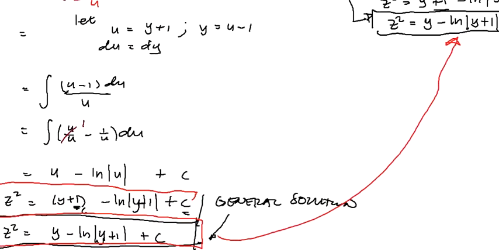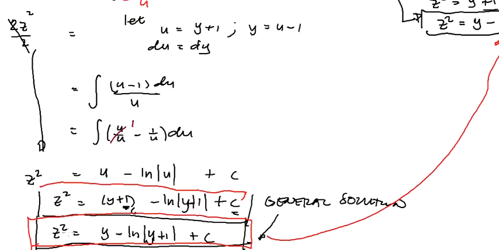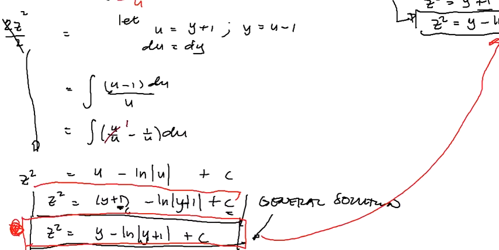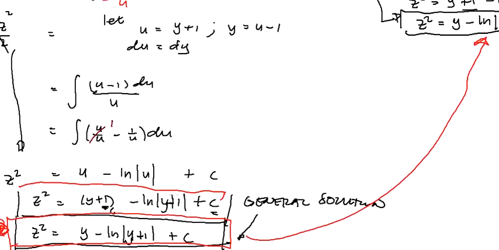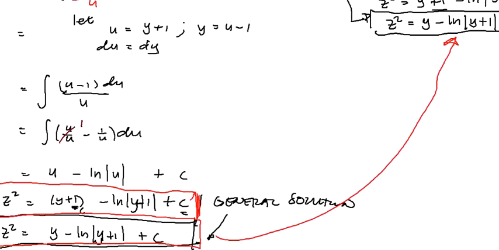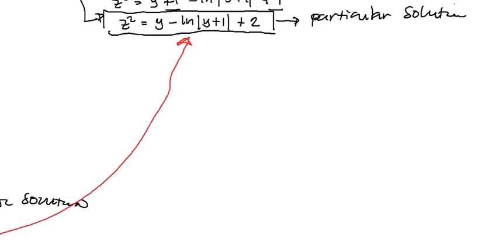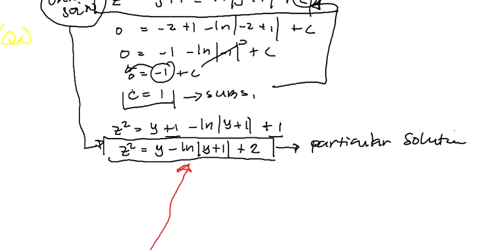You may try substituting the value of your initial condition here, wherein z is equal to 0 and y is equal to negative 2. The particular solution of both these expressed general solutions must be the same. So you can try it on your own.